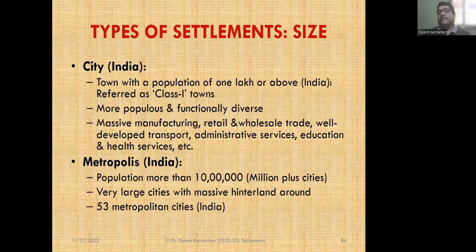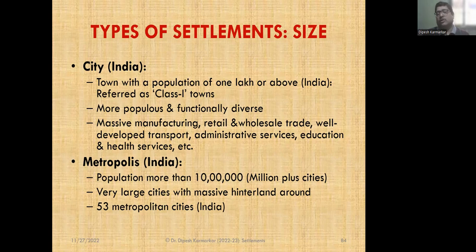What is a city in India? Now after town, we are talking about the next type of settlement, and that is the city. A city is nothing but a town with a population of 1 lakh or more. Right? Such cities are also referred to as class 1 towns because they have a population of more than 1 lakh. These are obviously more populous compared to the rest of the towns, and functionally more diverse.